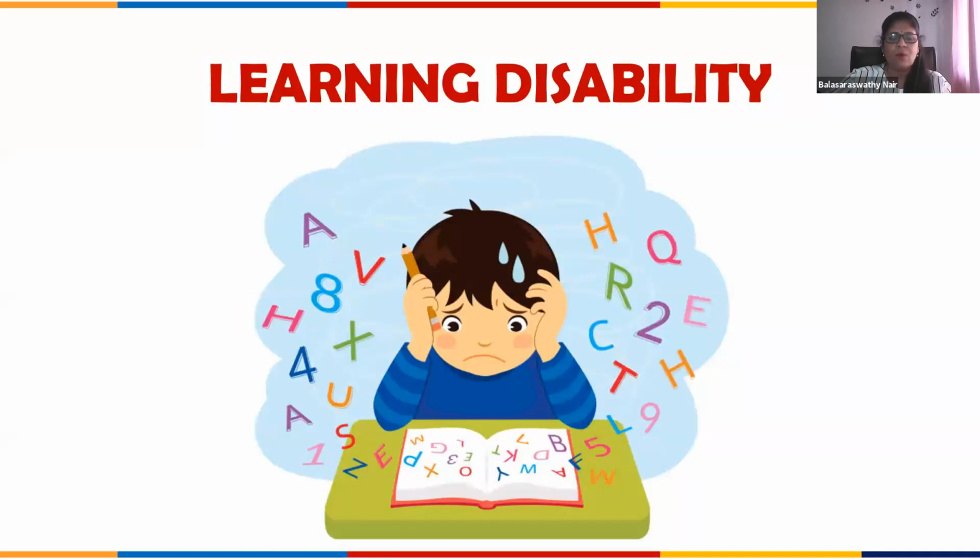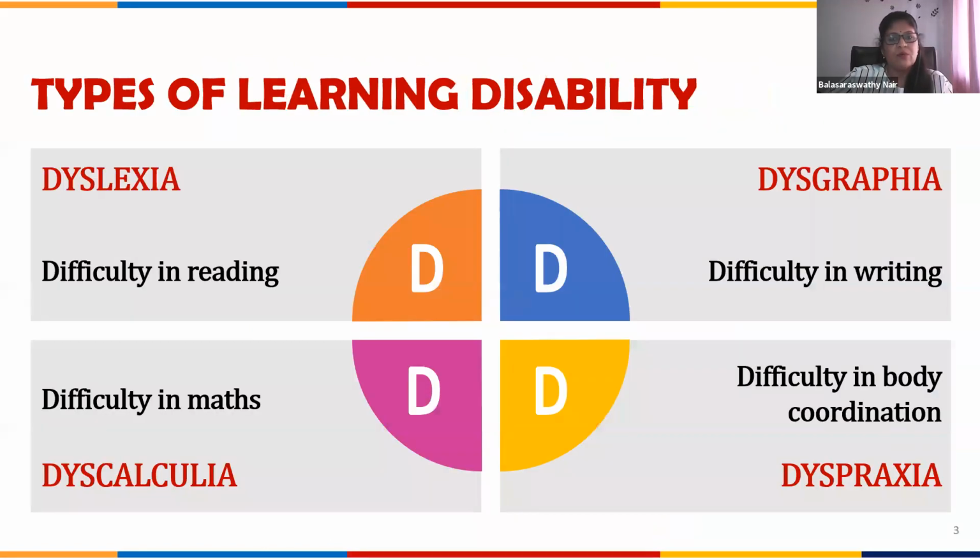He finds the words, the letters, the alphabets, the numbers, everything not the way we normal brains can see. So does that mean this child has some retardedness?